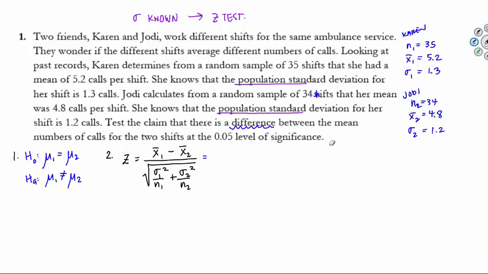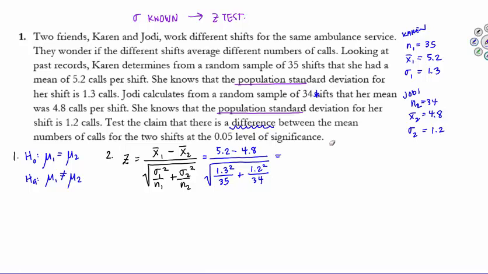That equals x1 bar 5.2 minus x2 bar 4.8, divided by the square root of 1.3 squared divided by n1 of 35 plus 1.2 squared divided by sample size 2 of 34.